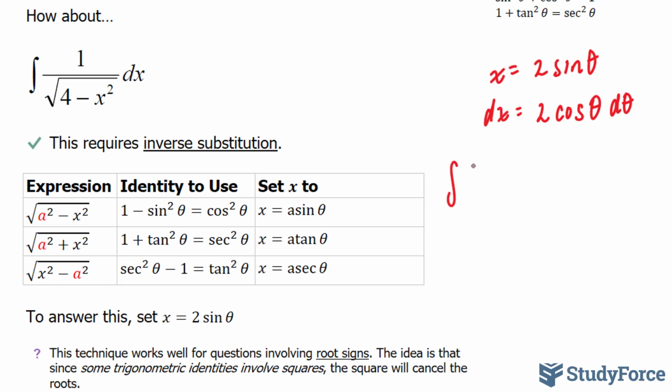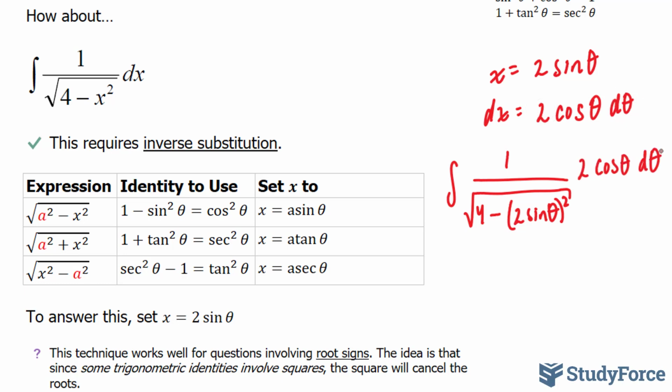So I end up with the integral of 1 over the square root of 4 minus, I'm going to put this in brackets here, 2 sine theta squared. I'm going to replace my dx with 2 cosine theta d theta.